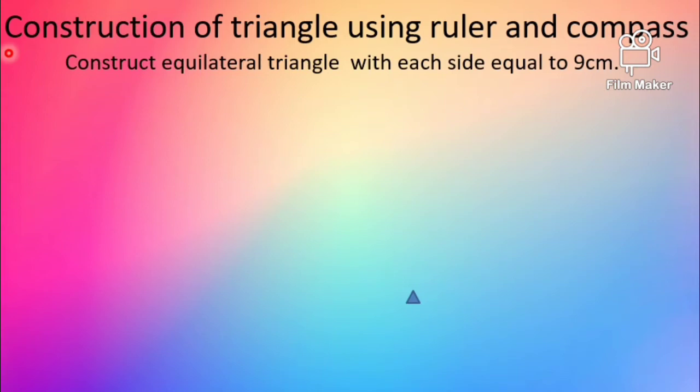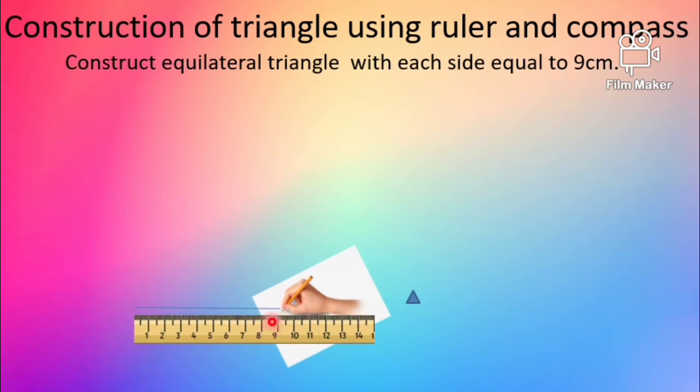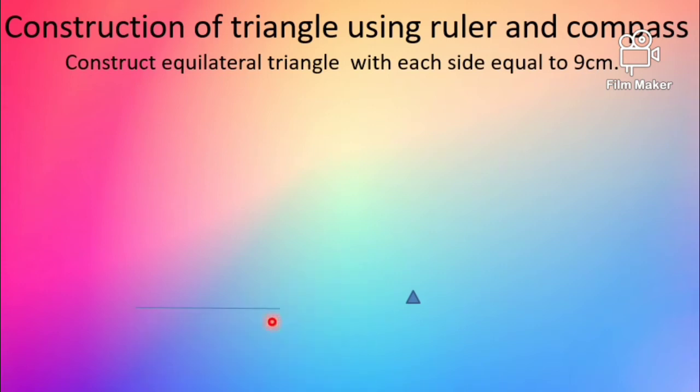Now first of all, we will draw a line segment AB of 9 cm. Now you can see this is a line of 9 cm. The name of the line is AB.